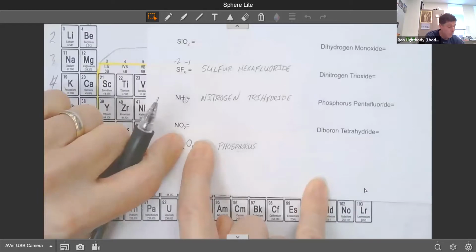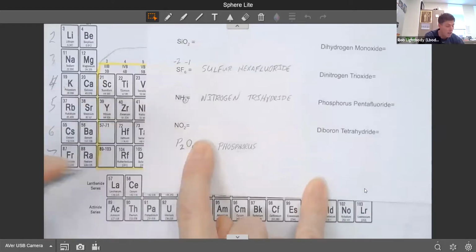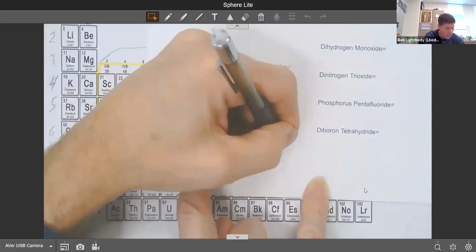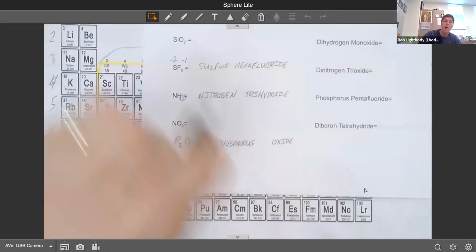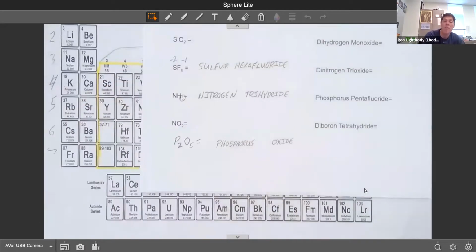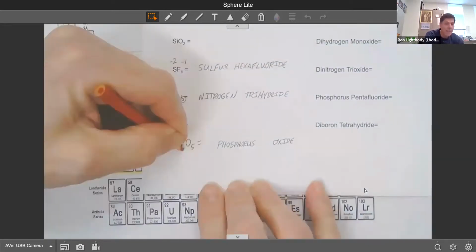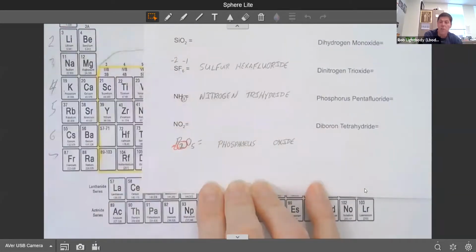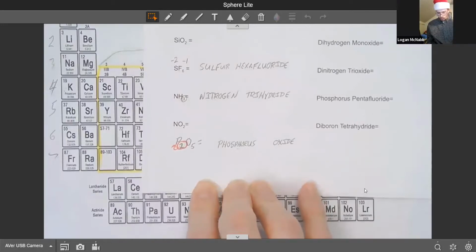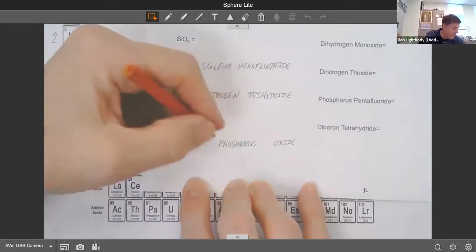Oxygen, and it's going to become oxide. Do you remember we need that -ide ending there? But now I have to tell people how many of each one there are. So I need to tell people there's a 2 right behind that phosphorus. So what's the prefix for 2? Di. Has to be di.